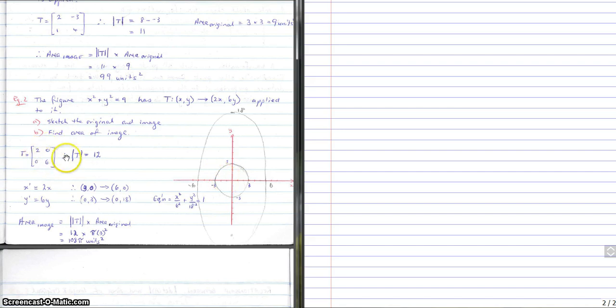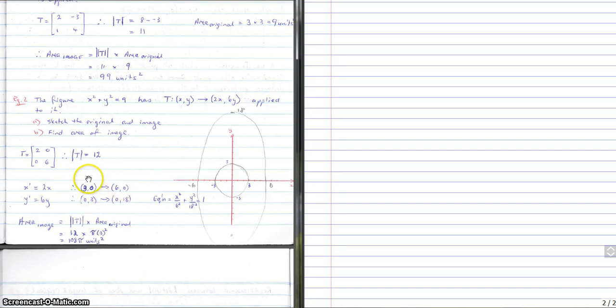Now if we apply our transformation to that, then our new points become here. So we've got x prime, our image of x, is 2x, and so we can apply that to say 3, 0, and then 2 times 3 becomes 6.